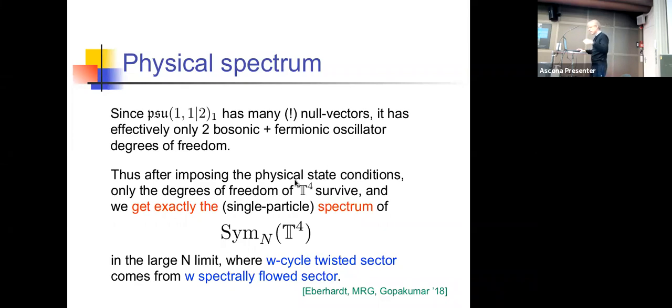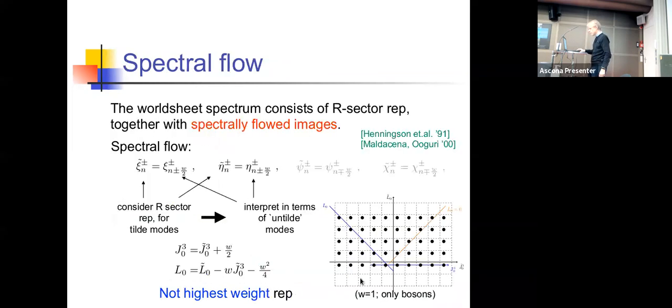And if you go through the exact structure of it and determine the space-time conformal dimension, then you find that the physical degrees of freedom on the worldsheet reproduce for you exactly the spectrum of the symmetric orbifold of T4, or to be more precise, the single particle part of the spectrum of the symmetric orbifold of T4 in the large n limit, where for people who know what the symmetric orbifold looks like, the w-cycle twisted sector comes from the sector with w units of spectral flow, from the sector where we have applied w times this automorphism that I described here.